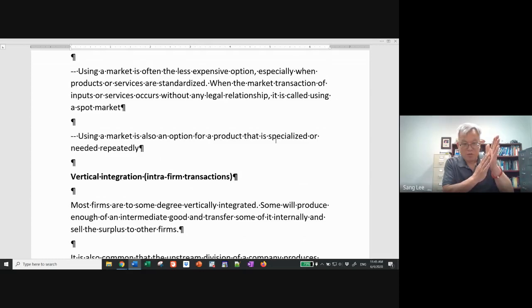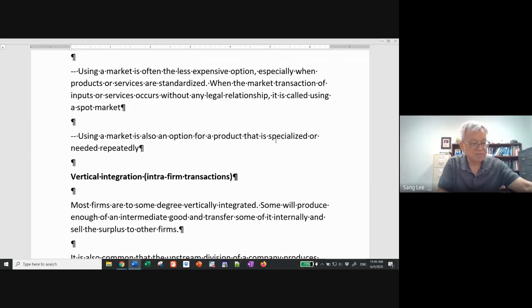But when you can buy something that you need from independent market firms without any legal relationship or legally binding contract, we call that using a spot market. So using a spot market is what? Within the category of using a market.